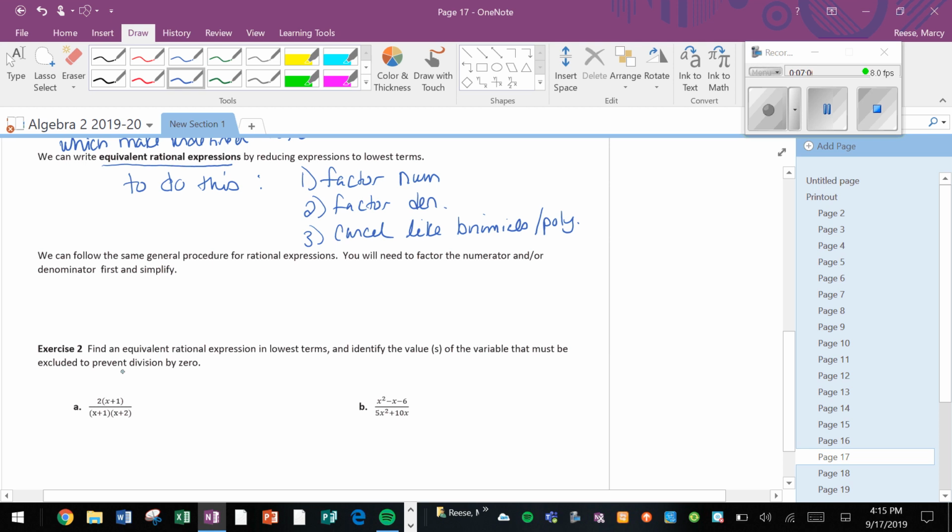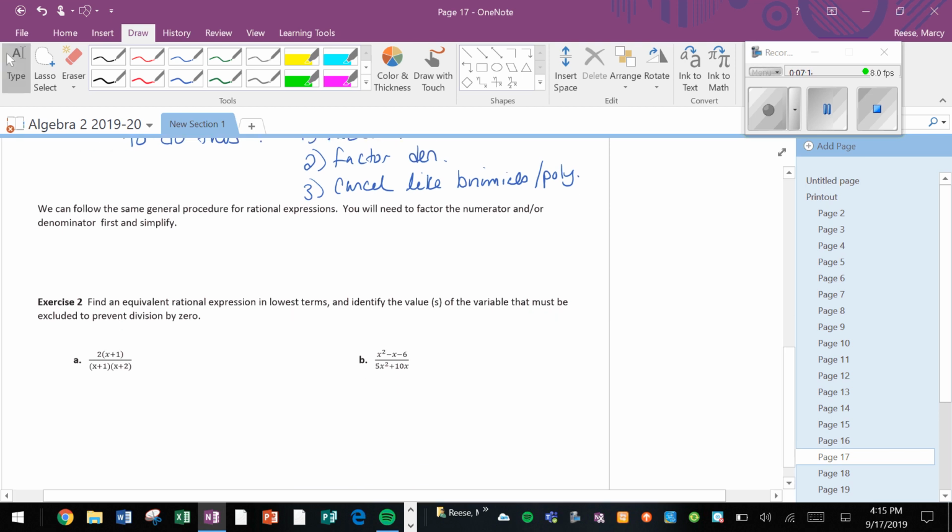We're going to find an equivalent rational expression in lowest terms and identify the values of the variable that must be excluded to prevent division by 0. All right, so for A, it's already factored. Now, they want the values of the variables that must be excluded to prevent division by 0.